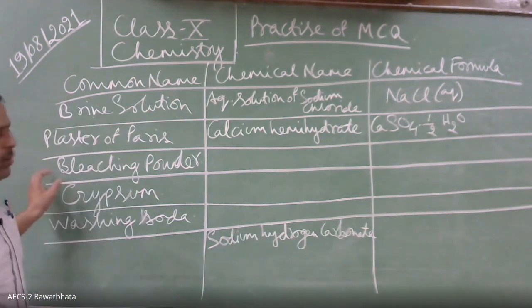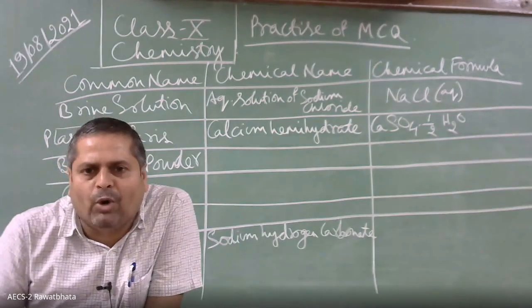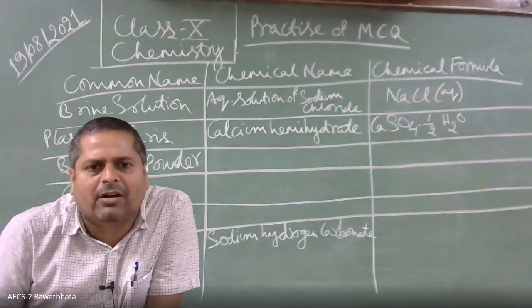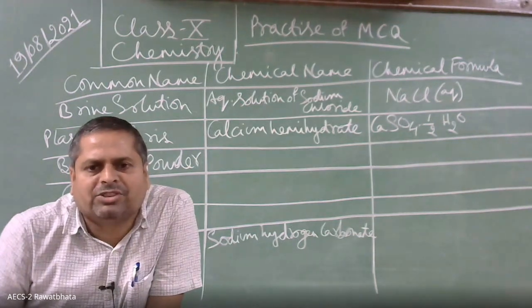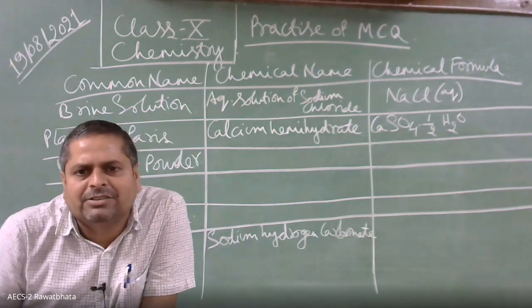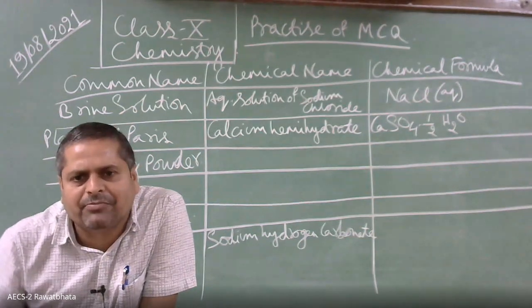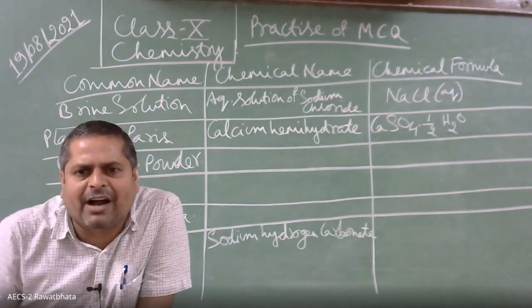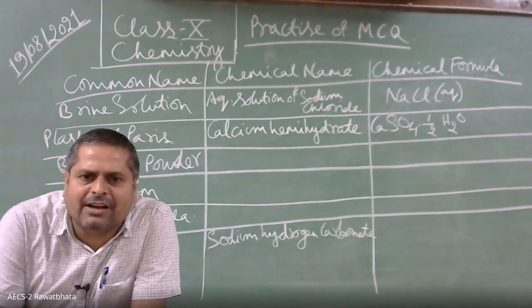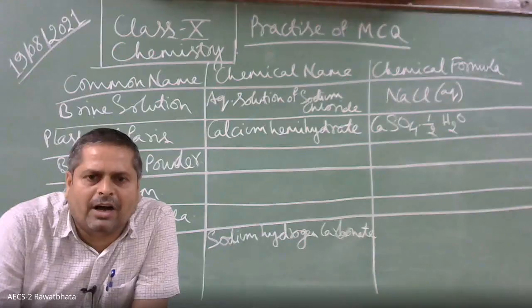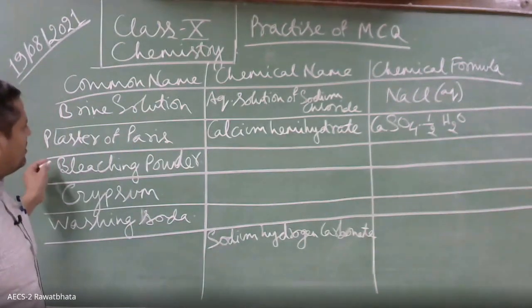Next, who is going to answer the next one? I want others to answer, not always the same children. Kushagar Pal, is he here? Shivraj Singh, will you answer? Ashish Mishra, please answer this one.